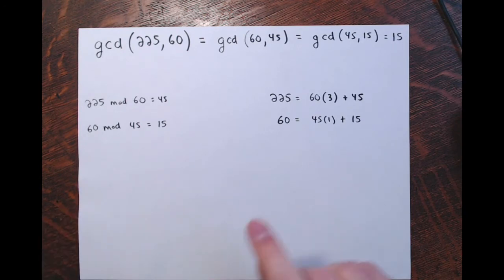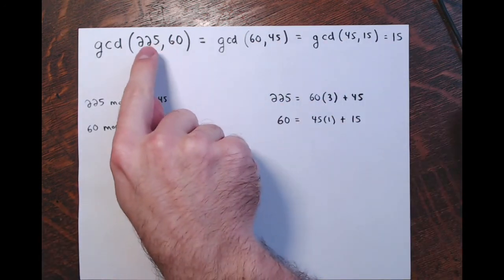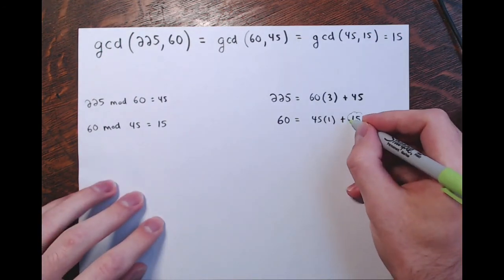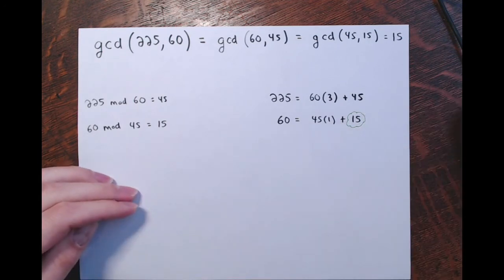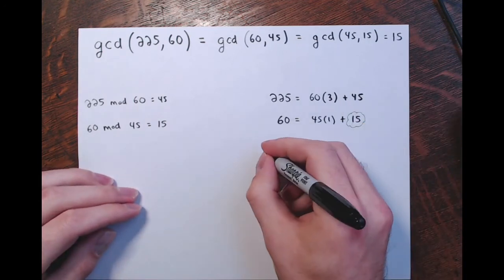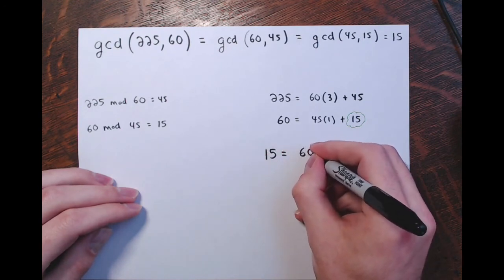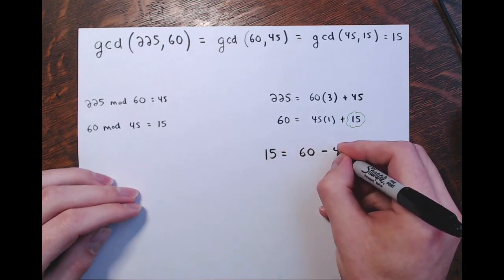All right, so this is going to be pretty quick. So I want to write 15 as a linear combination of 225 and 60. So first I'll take this bottom statement here. We'll solve for 15. Leaving things the way they are, 15 would be 60 minus 45, right?